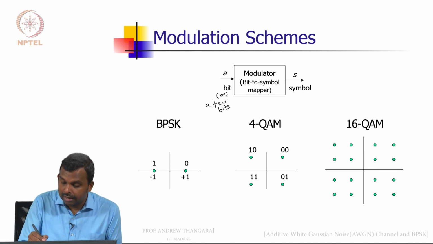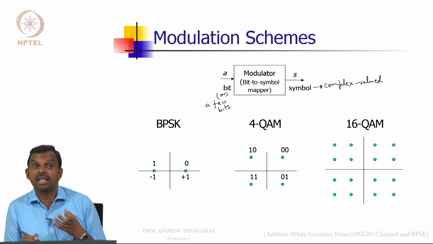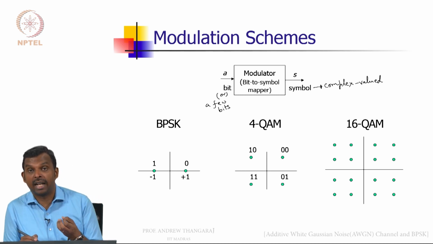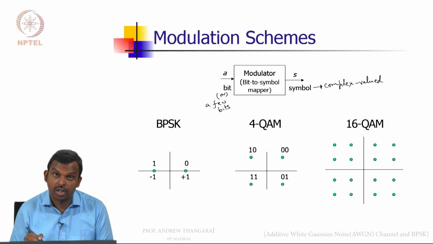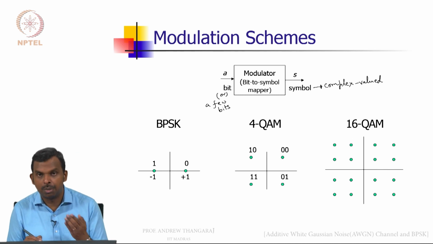Now, the symbol typically can be complex valued. Okay. So, how do complex values convert to an actual transmitted signal S of t which is real? That is again theory that we will not see, but one can assume that the symbol is complex valued. This is the idea of QAM, quadrature amplitude modulation, which maybe you are familiar with.